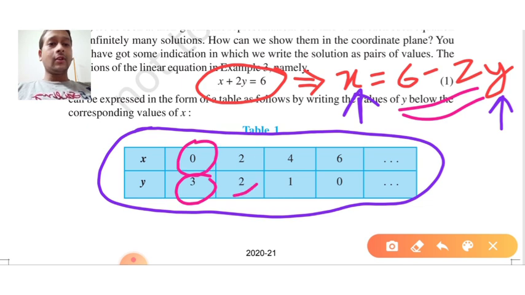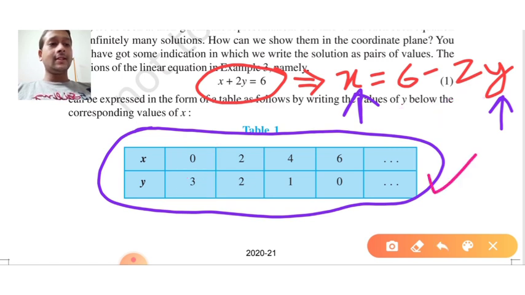Likewise, for different values of y you will have different values of x. As a result, you have this table, and here you can see these are the coordinates.